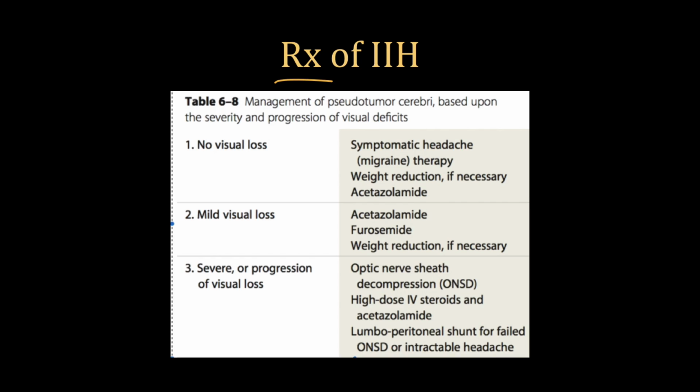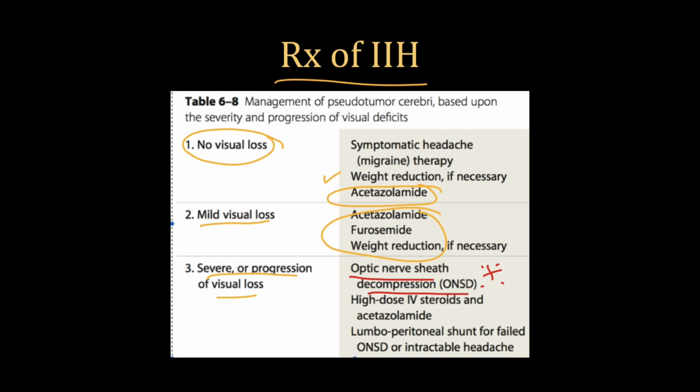To treat the IIH, since in our patient the visual loss was not there, we treated with acetazolamide, which is a diuretic, and we advised weight reduction also. When the patient has a mild visual loss, again we can try using diuretics, but when the visual loss is severe or progressive, we opt for optic nerve sheath decompression, which is very, very important.